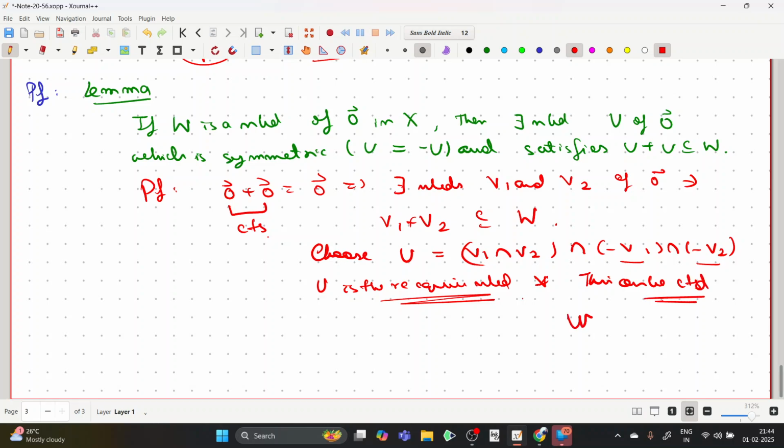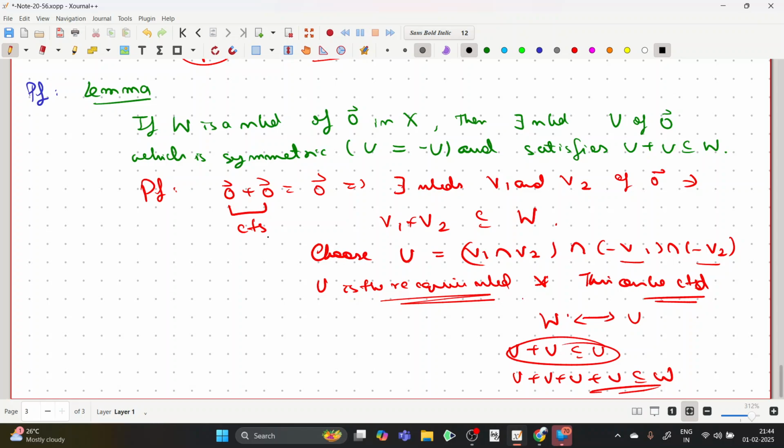I can just replace W by U, and then I can show that there exists some neighborhood which will eventually satisfy the same property, that U plus U is contained in U. But then if this happens, that means U plus U plus U plus U is contained in W, and I can keep on going like that. The only thing we require here is that U needs to be symmetric. That is to be kept in mind.